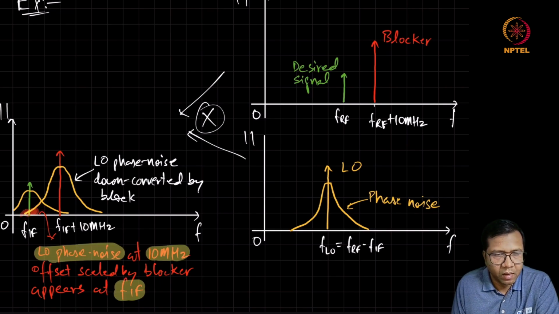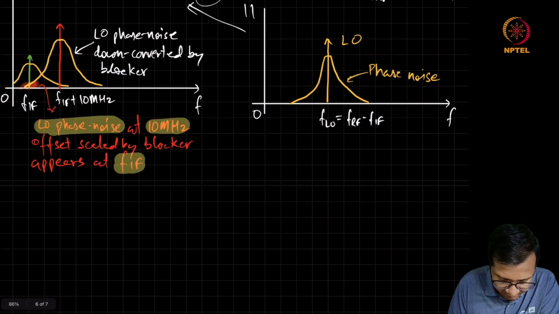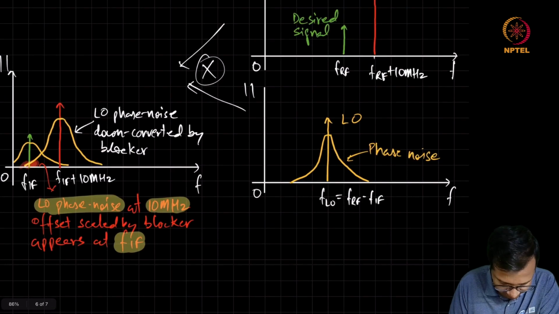This is going to be a problem, as there is no way to filter out this LO phase noise appearing at FIF due to the blocker. This is also called reciprocal mixing.